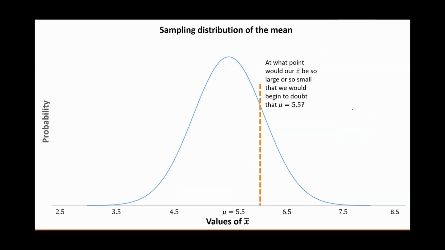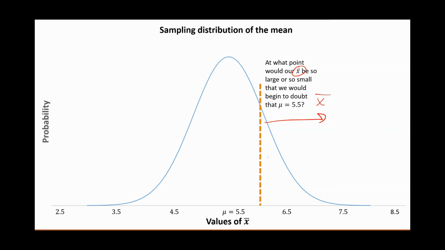And so naturally, with this intuition, we're going to have to ask ourselves, at what point would our sample mean be so big or so small that we would begin to doubt the null hypothesis? Under what scenario would we begin to doubt it? If our sample mean was larger than, let's say, this dashed orange line, would we start to doubt?